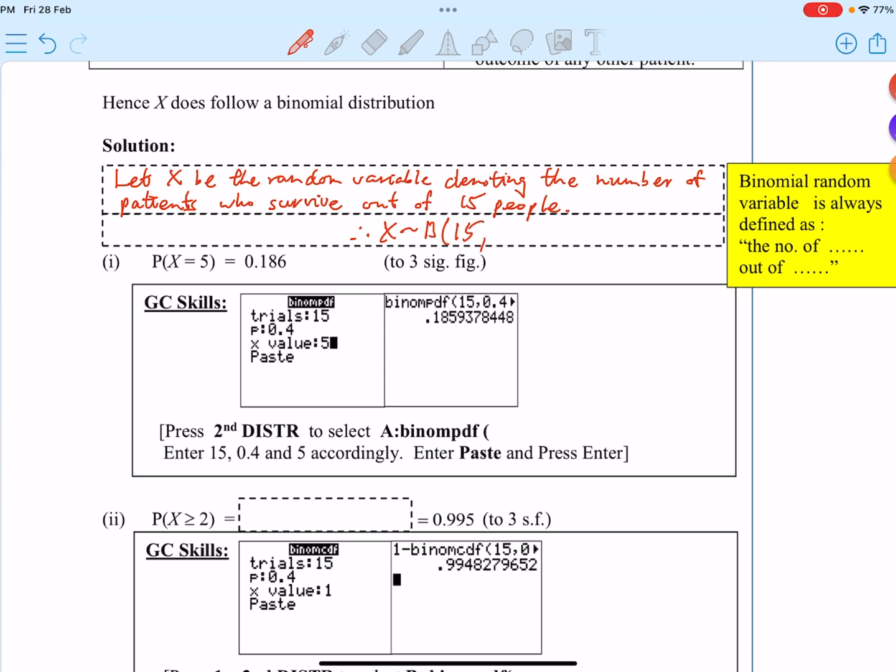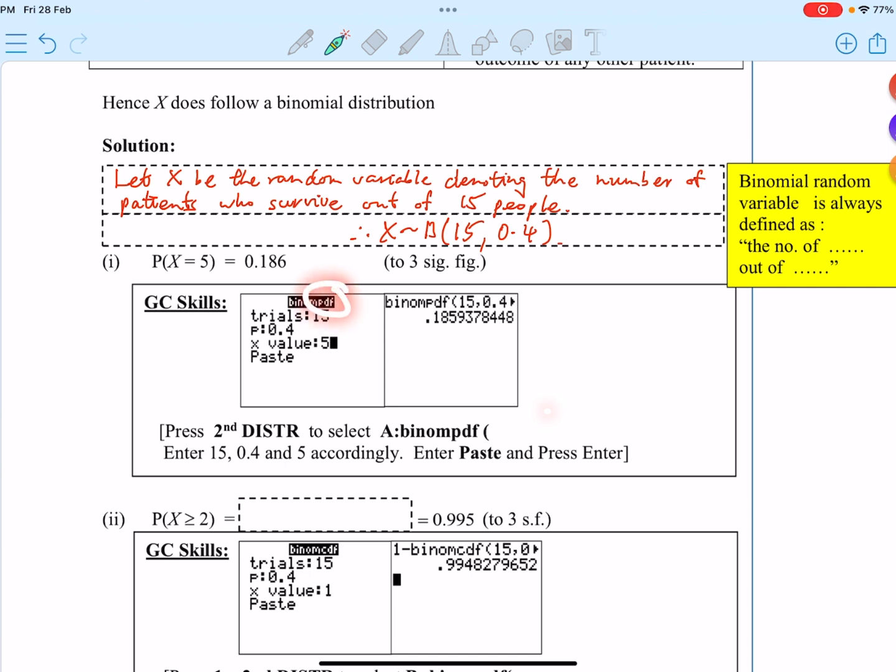Then what is the probability of success? We're looking at the patients who survive, and the probability that patients survive is given by 0.4. So in part 1, you're looking at exactly 5 people survive. Right, so we are using binomial PDF.